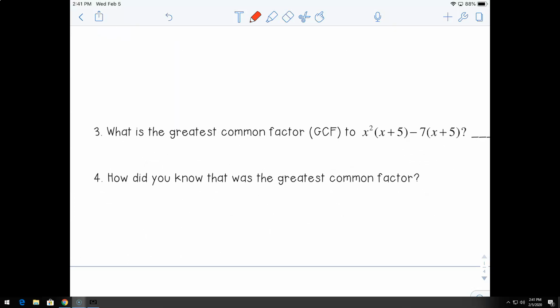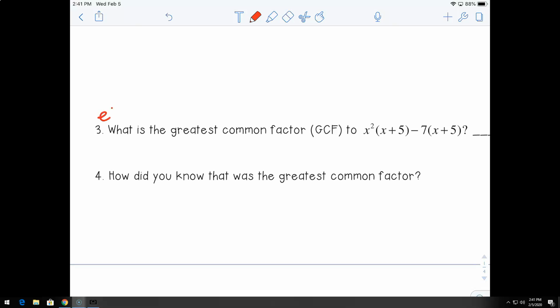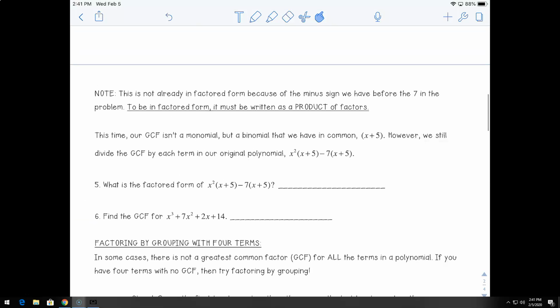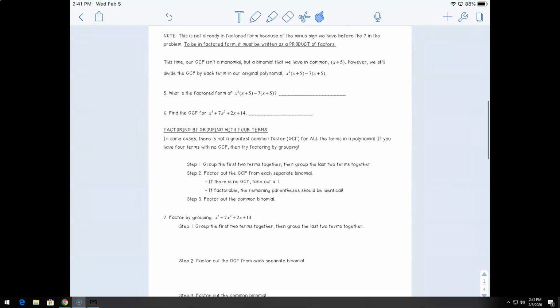When I look at this, this is extra credit. So is number 4. On the next page, you are going to skip this.